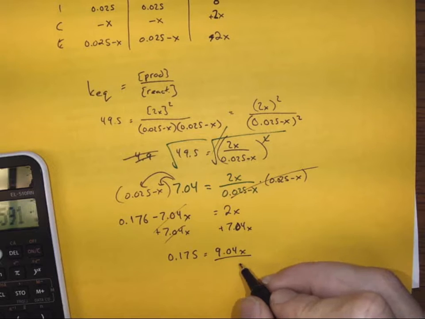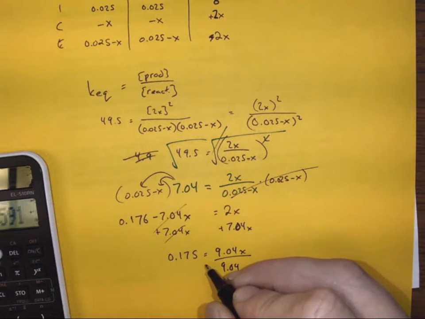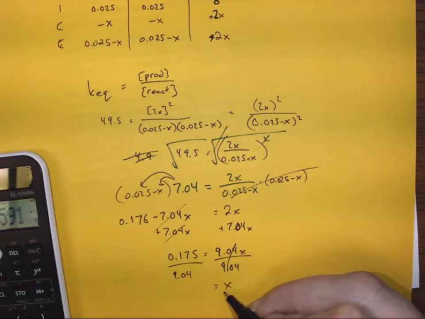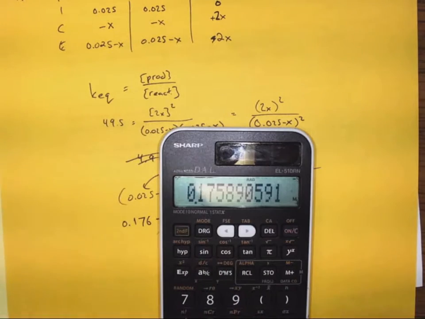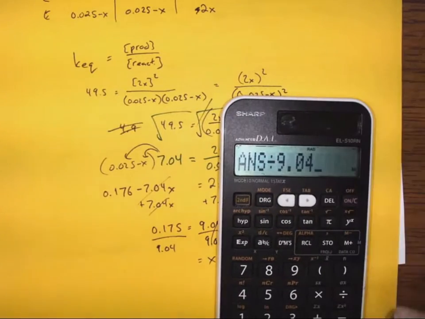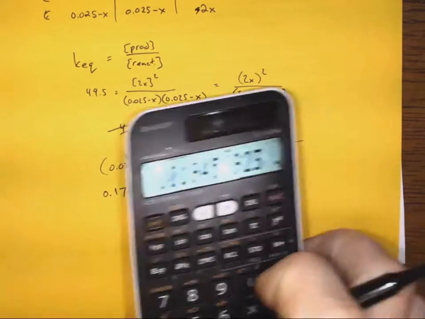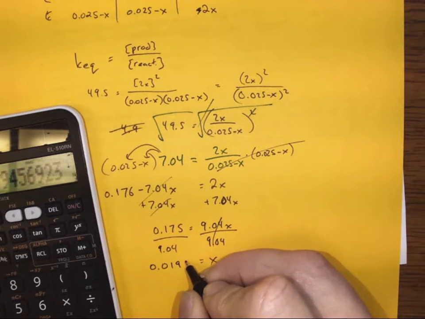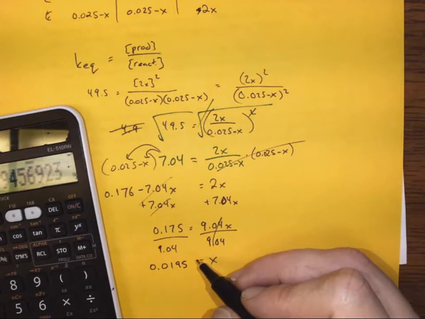And I can divide both sides by 9.04. And then I get X is equal to 0.176 divided by 9.04, and it gives us 0.0195. Wait, what was X again?